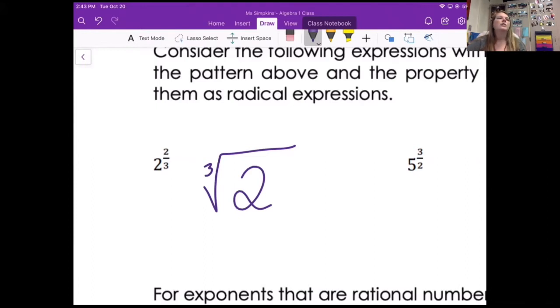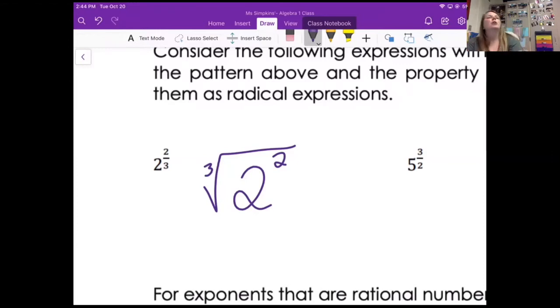Now, what the heck do I do with that other 2? It is an exponent. 2 to the 2nd power. Now, why did we not do that on the other 2 problems? Everybody look at the numerator of the fraction of the other 2. Yeah, they were just a 1. So raising something to the 1st power is not going to change its value. So we don't really need it.